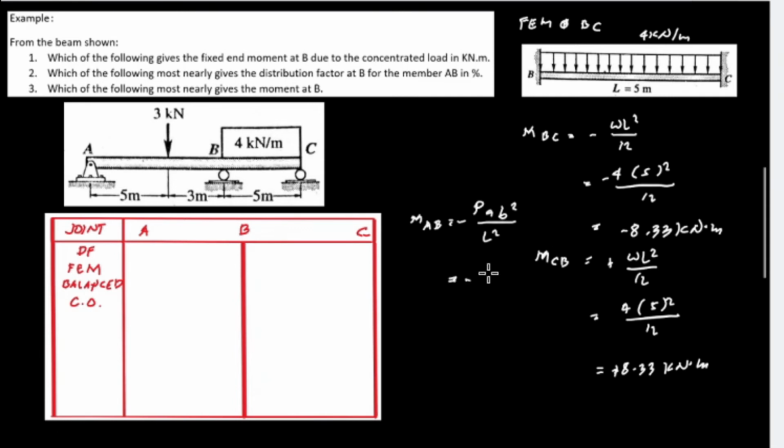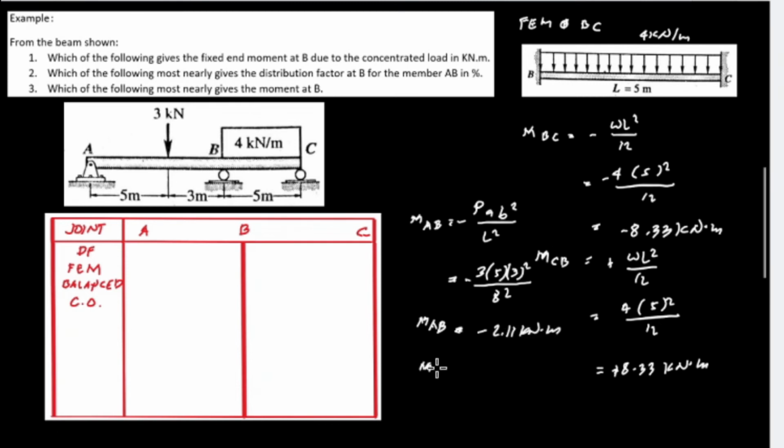That's negative 3 times A, that's 5, and B, 3 squared, all over 8 squared, and MAB is equal to negative 2.11 kilonewton meter.